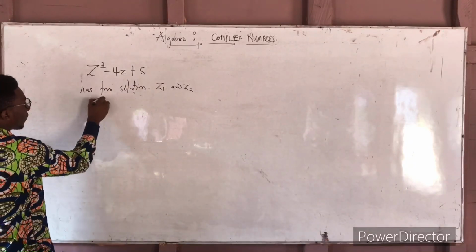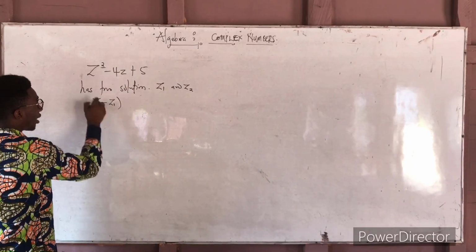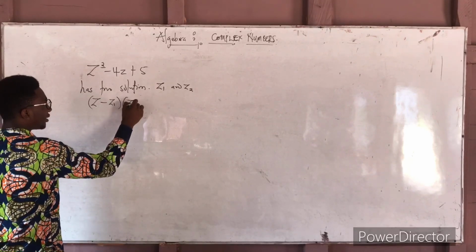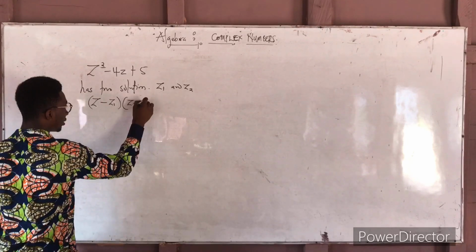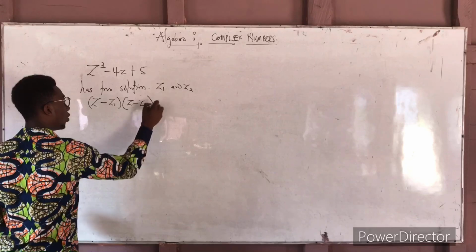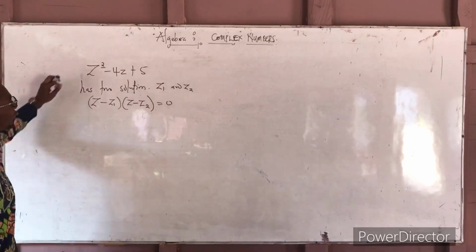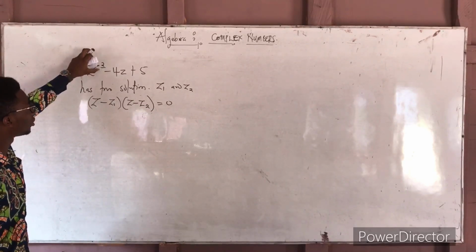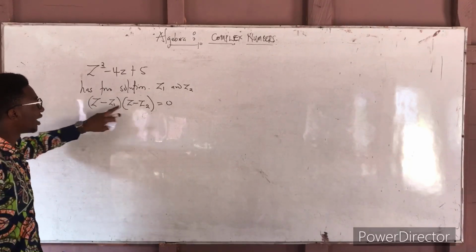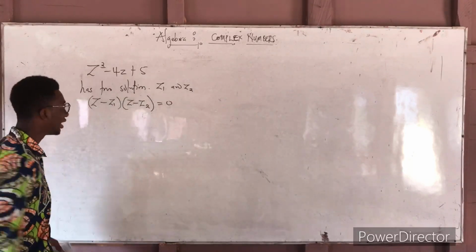Then we can say z minus z1 multiplying z minus z2 is equal to 0. Assuming z1 and z2 are each solution.